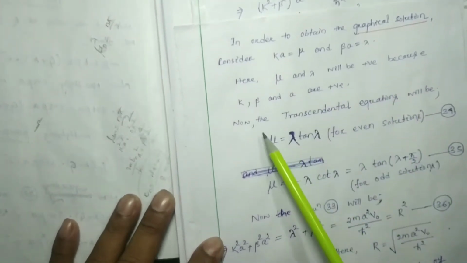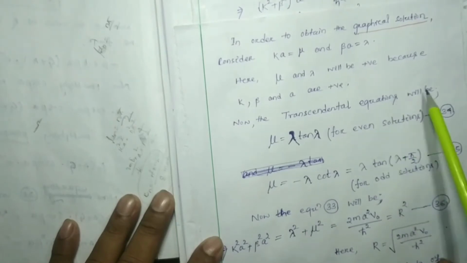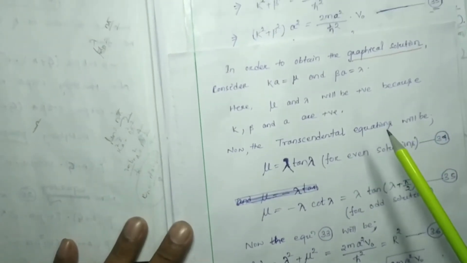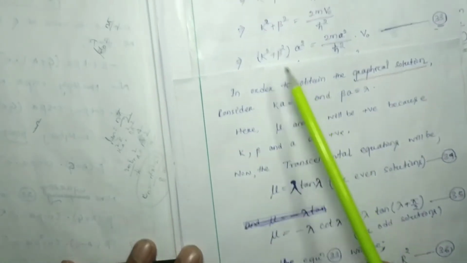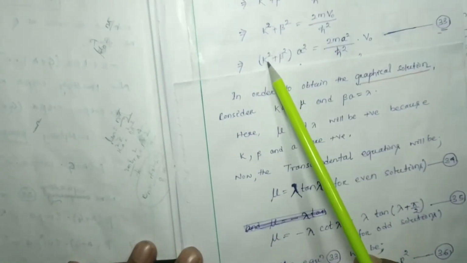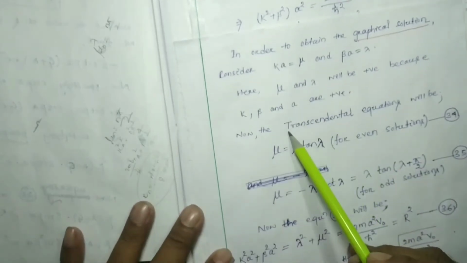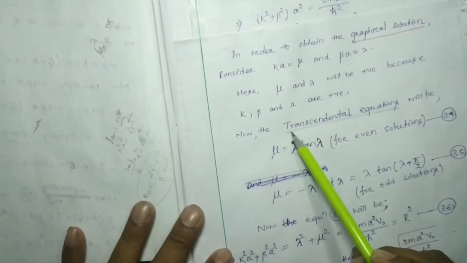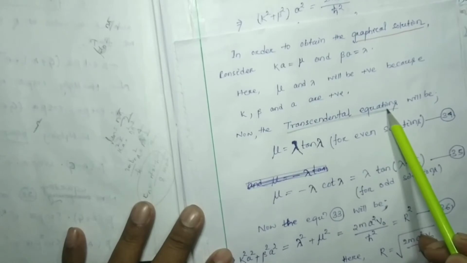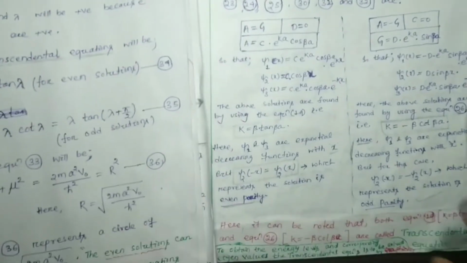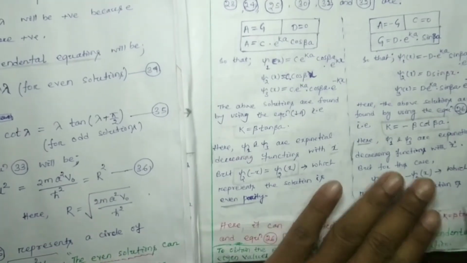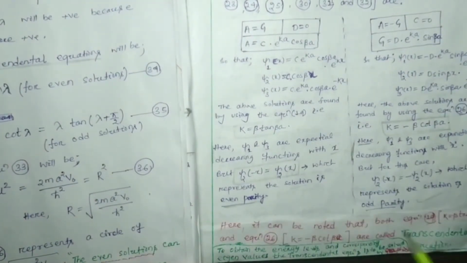Now the transcendental equations, by substituting k a as mu: the transcendental equations mean equation number 19 and equation number 26.